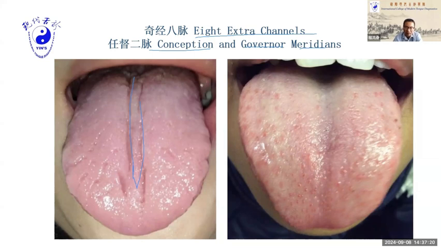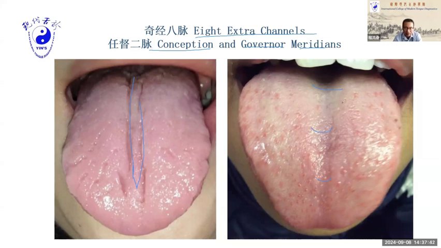This tongue shows the conception meridian, or you can say the Yin channel, has a deficiency problem. It shows the midline getting concave, and it's a deficiency problem.